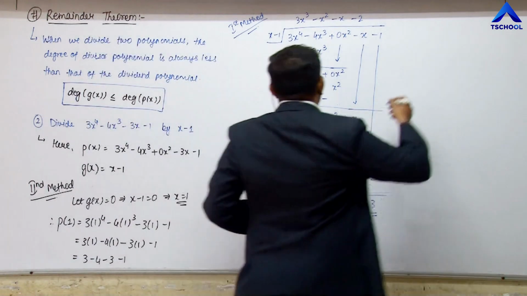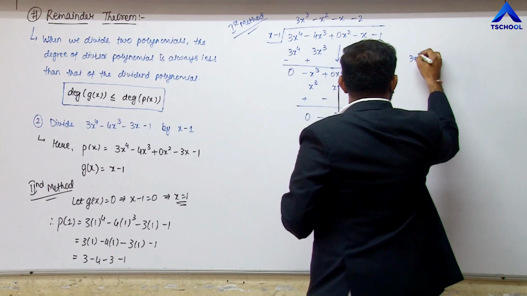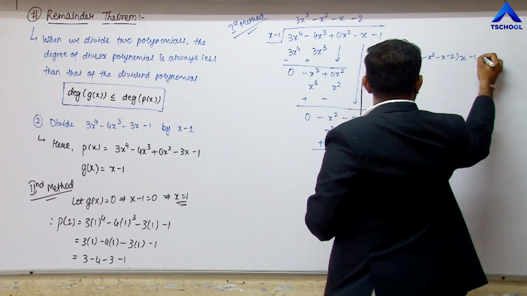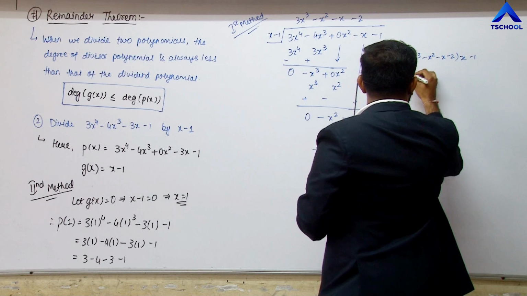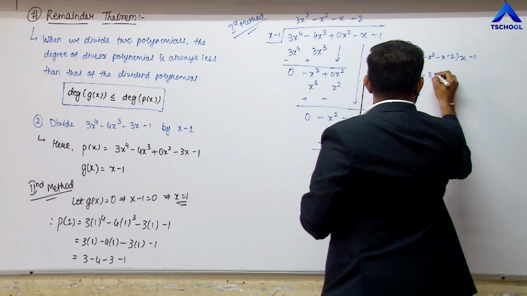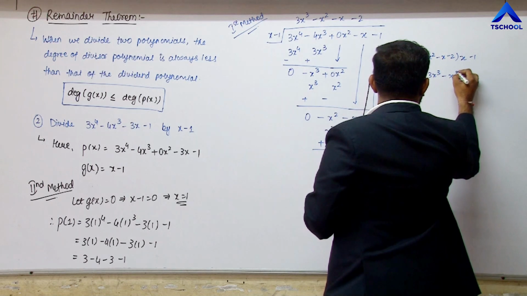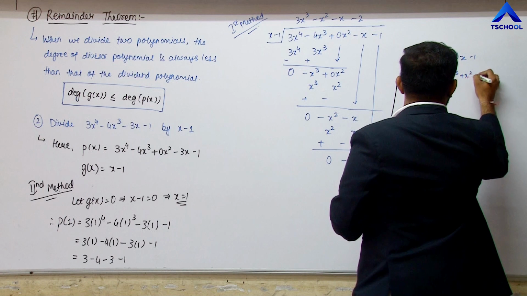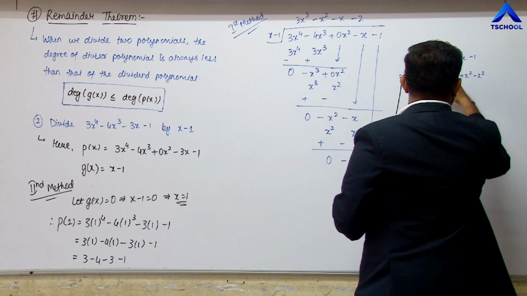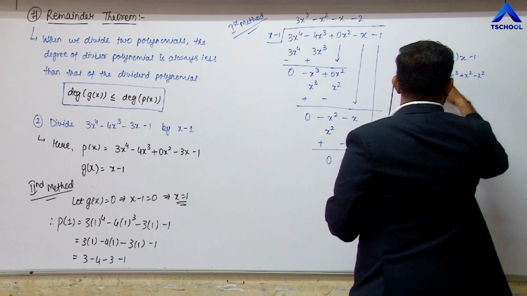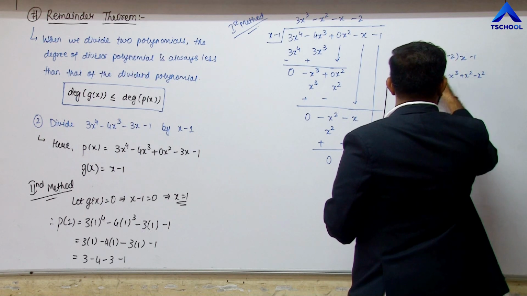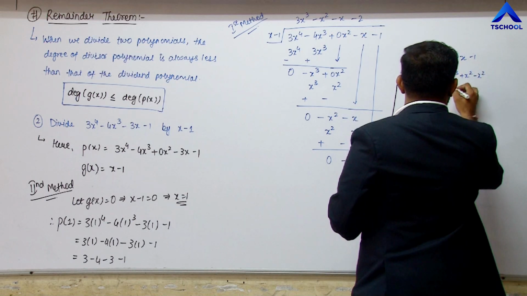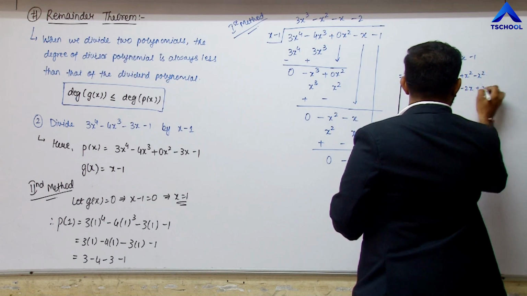Let me check it here friends. 3x cube minus x square minus x minus 2 when multiplied by x minus 1, that is 3x raised to 4 minus 3x cube minus x cube plus x square minus x square plus x minus 2x plus 2.